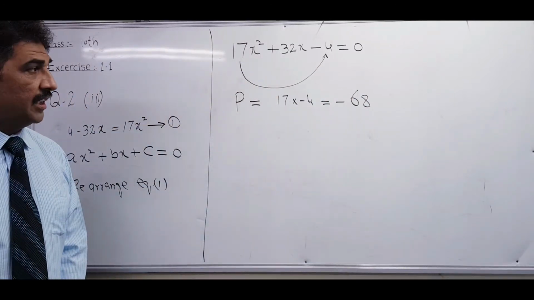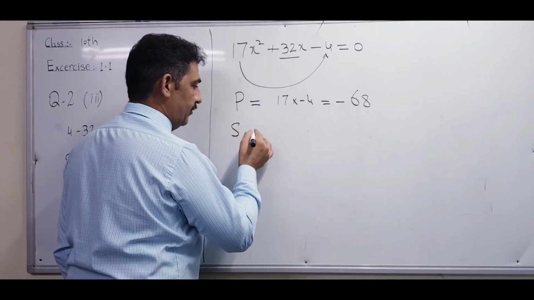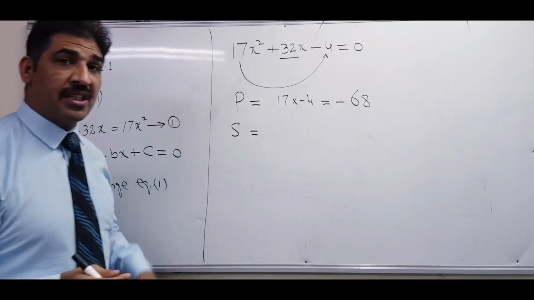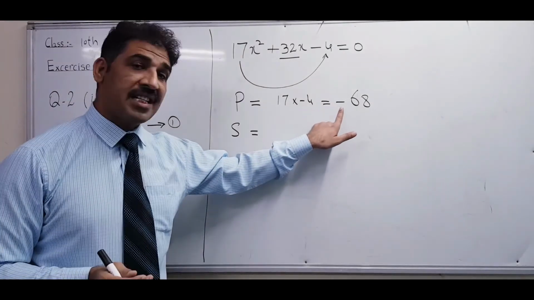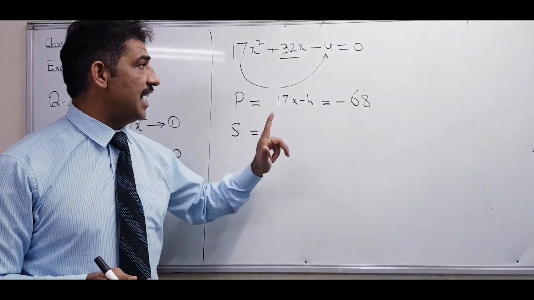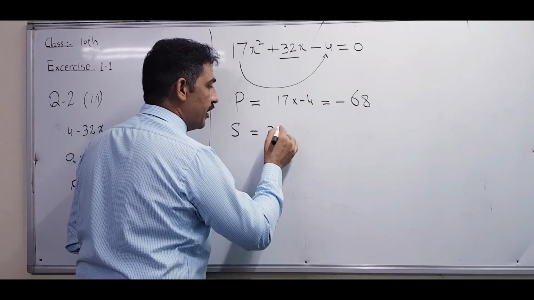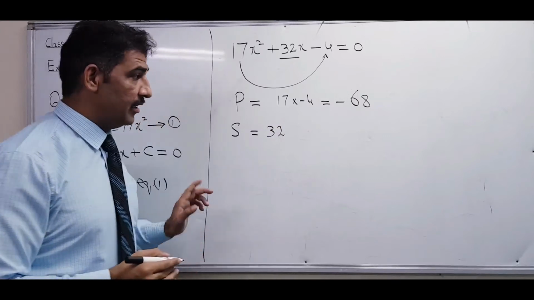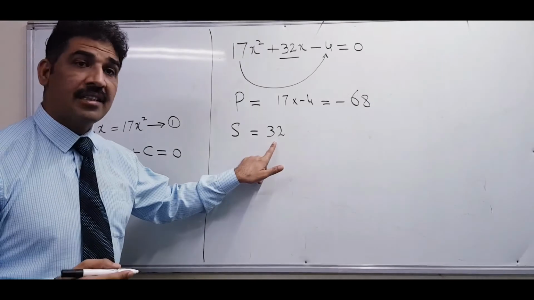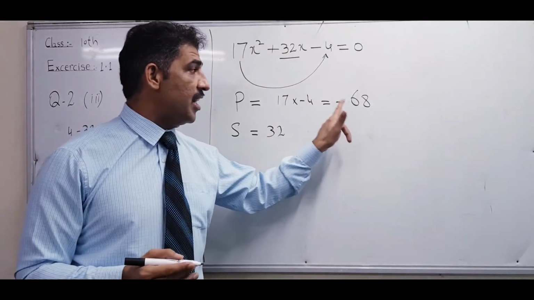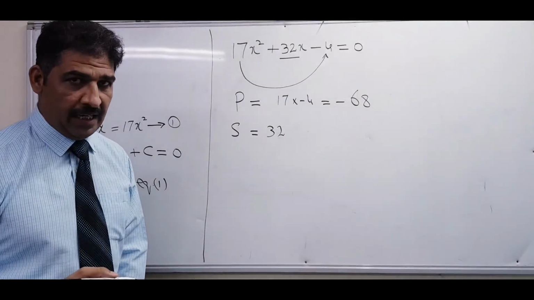Correct? Then the second term we denote by S. And for S we use two meanings, sum and subtract. If the product is negative, then we will get S equal to 32 when we subtract, and when we multiply we will get 68.